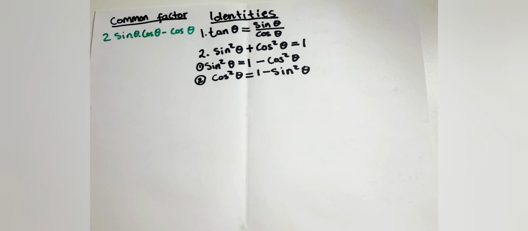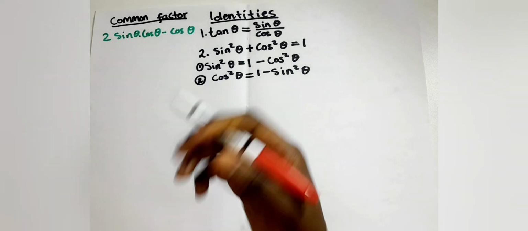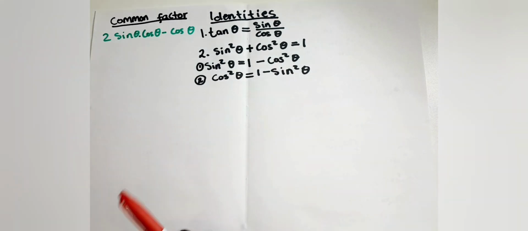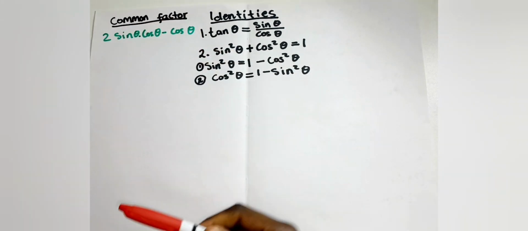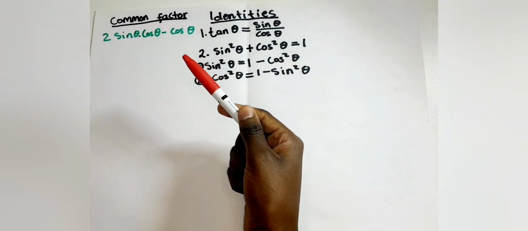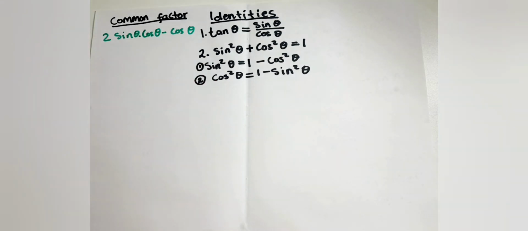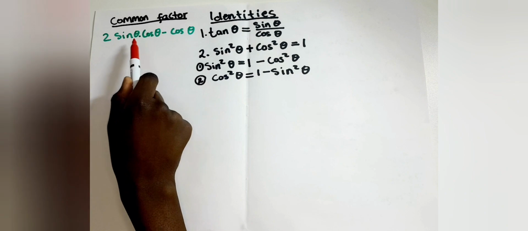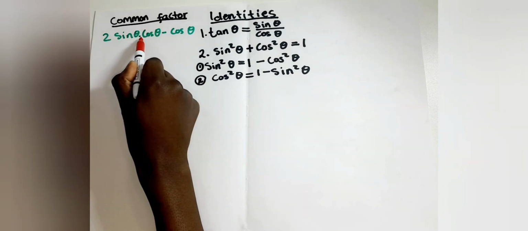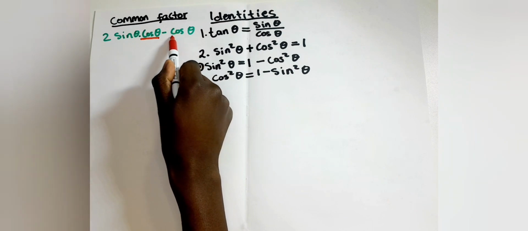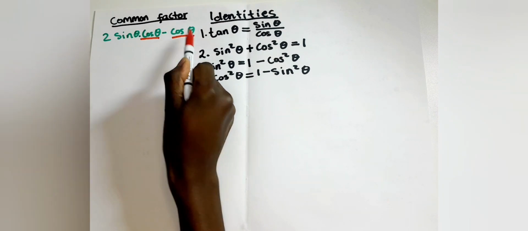A common factor is a term that is common to 2 or more terms. If you don't know what a common factor is, you can check out our algebra videos on how to find a common factor. So you notice that in this term you have cos theta, and in your other term you also have cos theta.